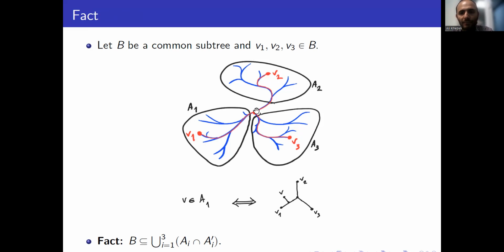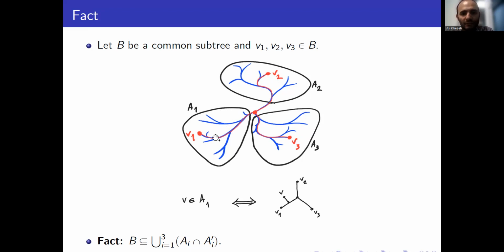If we split the tree at this branch point, we obtain 3 branches. One branch contains V1, one branch contains V2, and one branch contains V3. More precisely, by A1, I mean the leaf set of this branch, not exactly this branch.